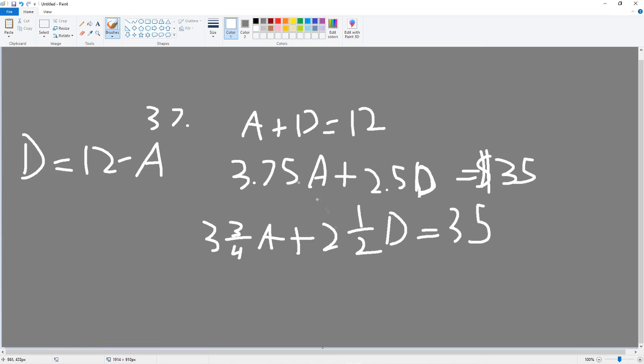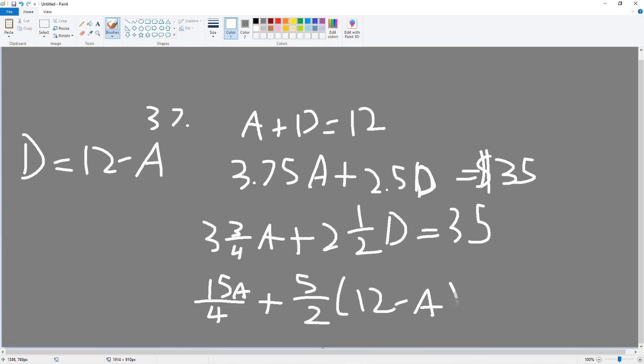This is 15 over 4 A plus 5 over 2 D. Remember, D is 12 minus A, so I can write 5 over 2 times 12 minus A is equal to 35.